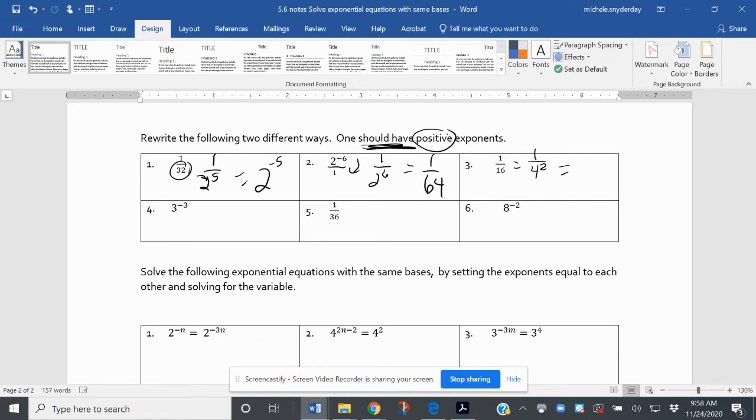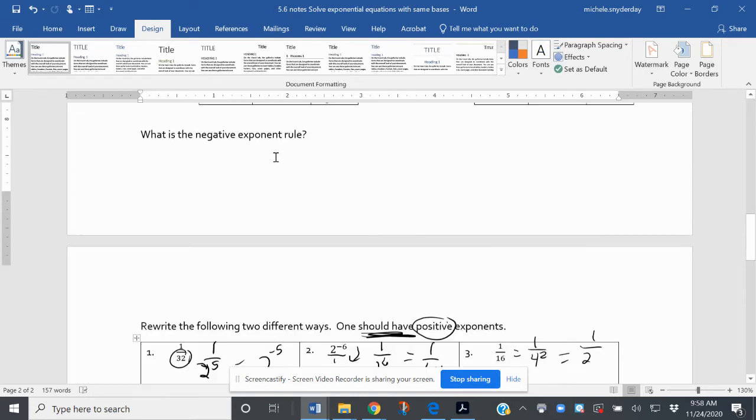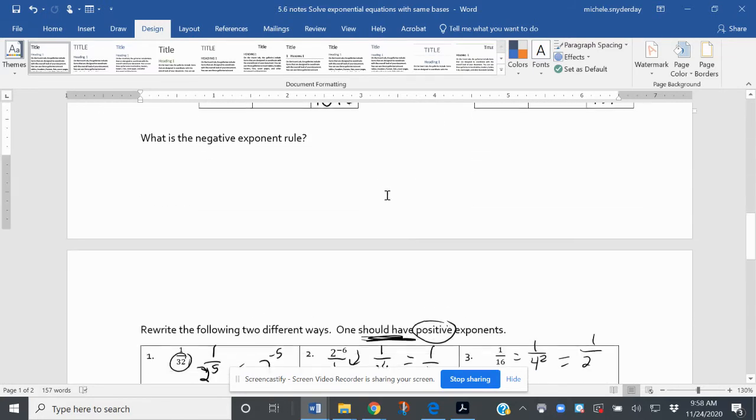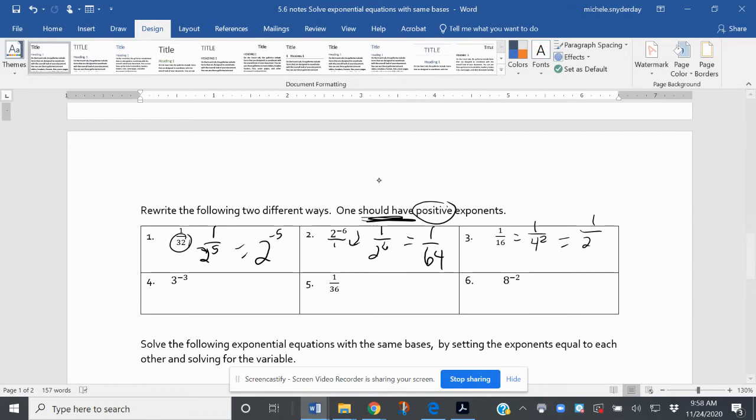And the other one that we came up with was 1 over 2 to, I already forgot, let me go back and see, 2 to the 4th power right here. That is also 16. So 1 over 2 to the 4th power. So those are both ways we can write it. And we have to include at least one of them because they're a positive exponent.